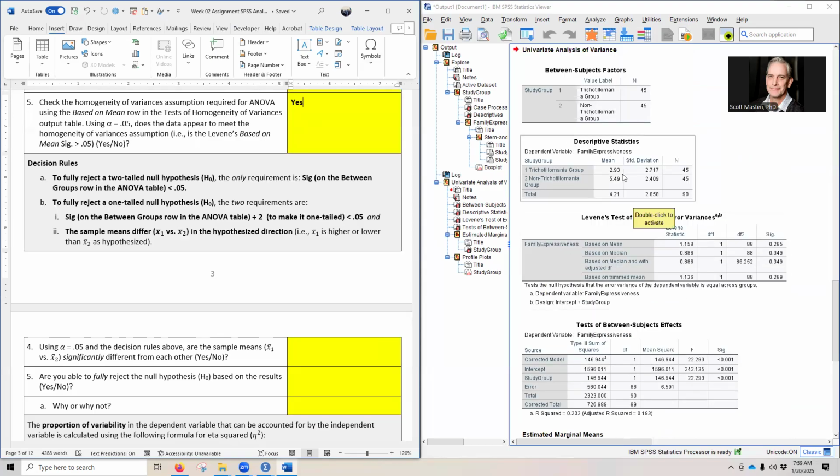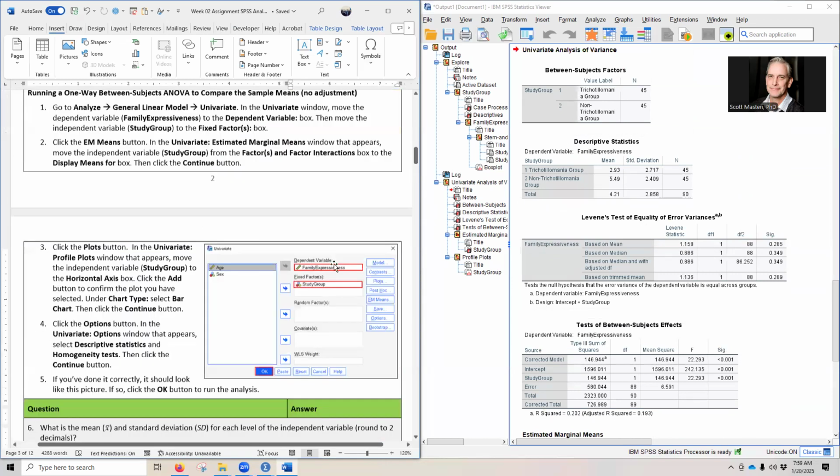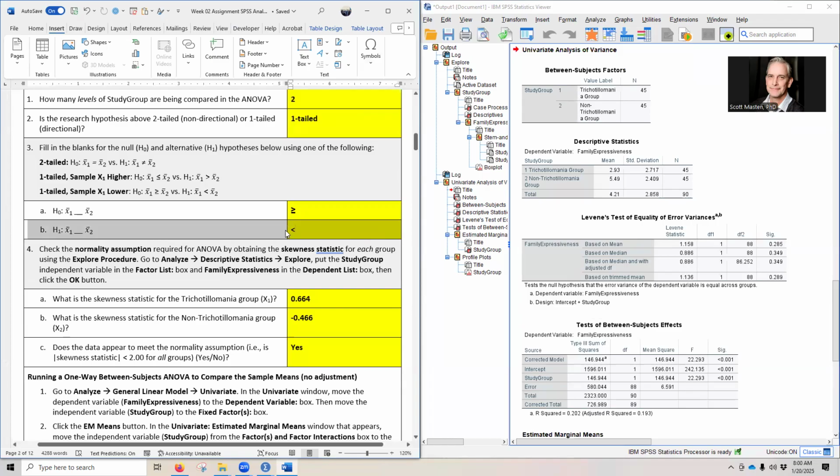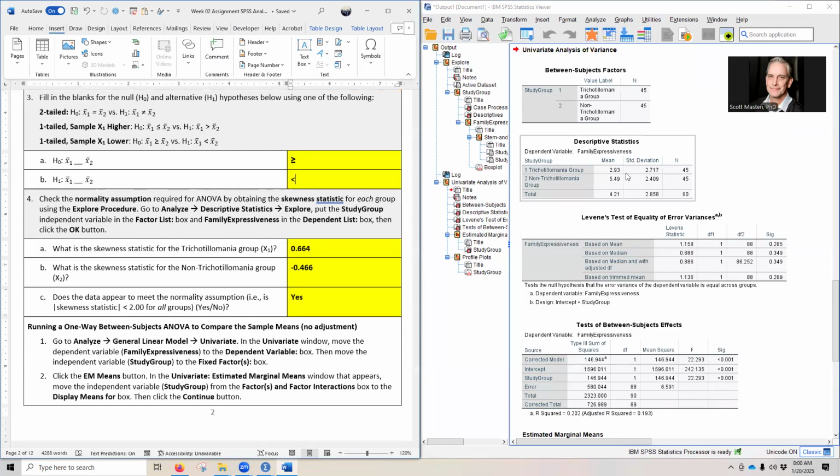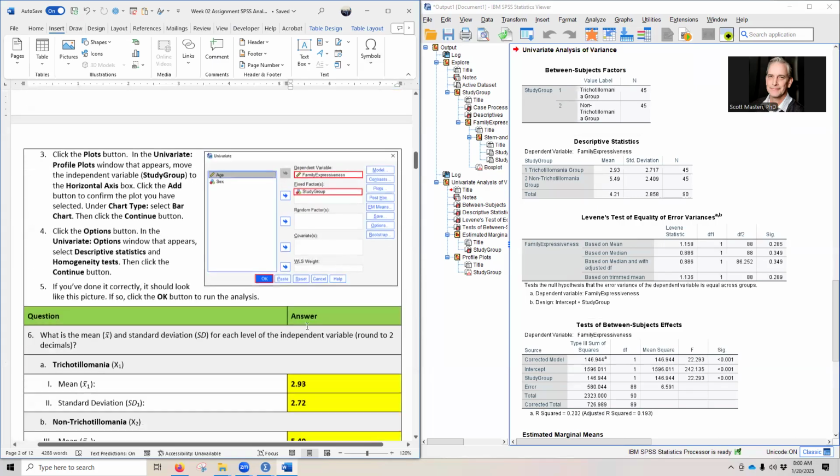Let's see if they differ in the correct direction. 2.93, 5.49. It was hypothesized up here that the mean would be lower for those in group 1, those with trichotillomania, and indeed these two things are significantly different, and the trichotillomania group is lower, 2.93 versus 5.49.